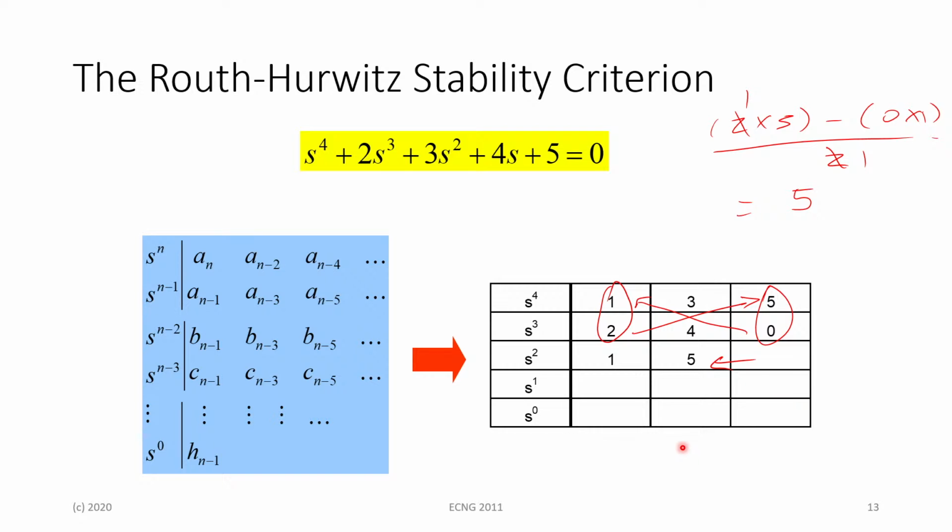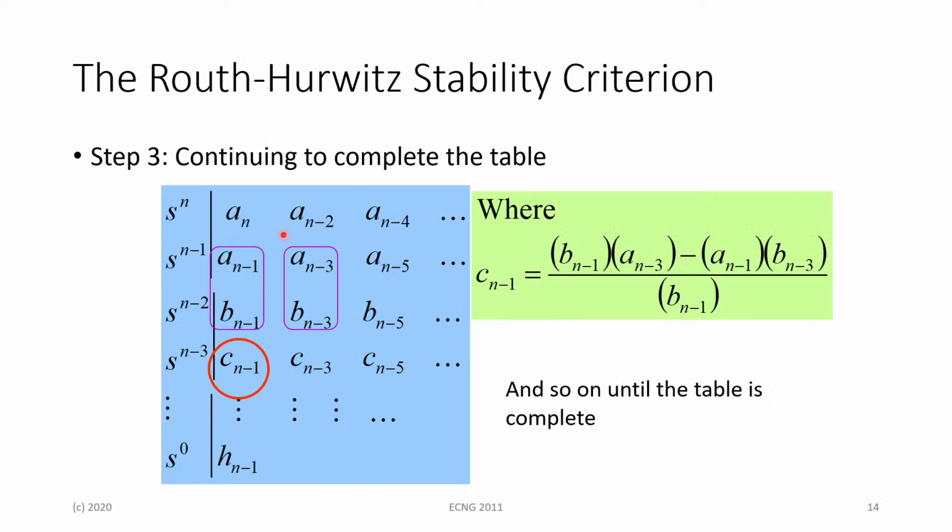So in continuing these calculations, we do the same thing, but then we just drop down by 1 row, because we're only going to be dealing with 4 values at a time. So the calculations basically follow the same method that we just saw for the other rows. But that means that we're just going to be dropping down by 1 row each time as we keep on doing our calculations. And the cross multiplication here is basically the same.